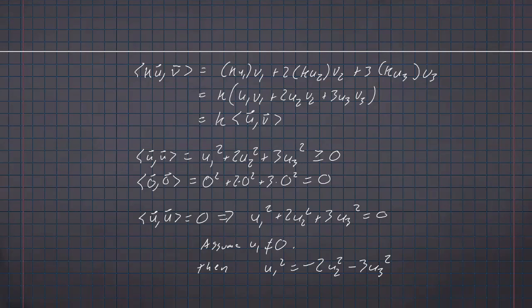And again, because the squares of numbers are positive, if you subtract 2 times a positive number and then subtract 3 times a positive number, you're going to end up with a negative number. And since u1 is non-zero, that means that u1 squared is less than 0, which is false.